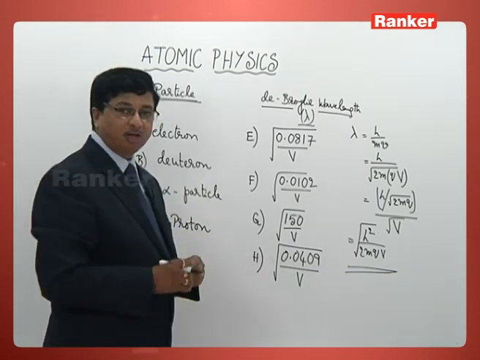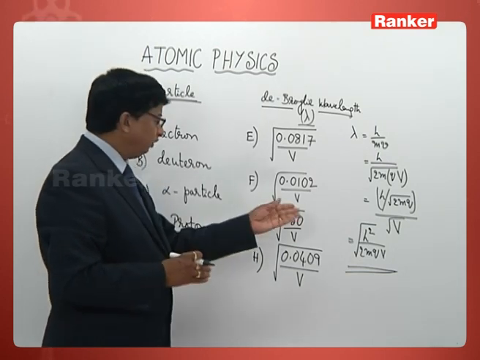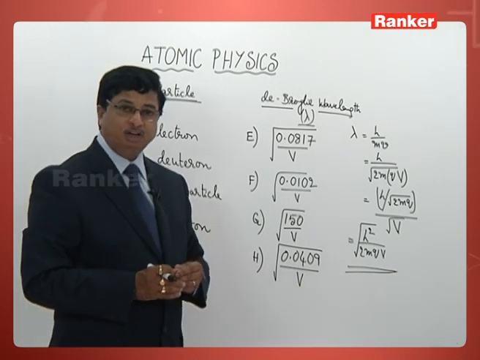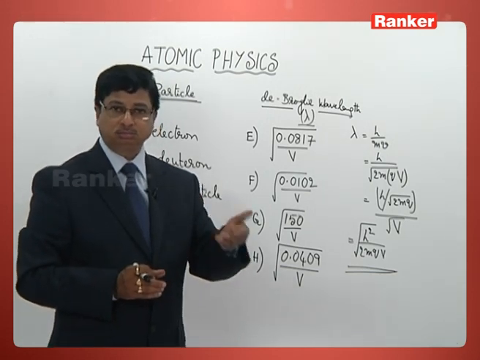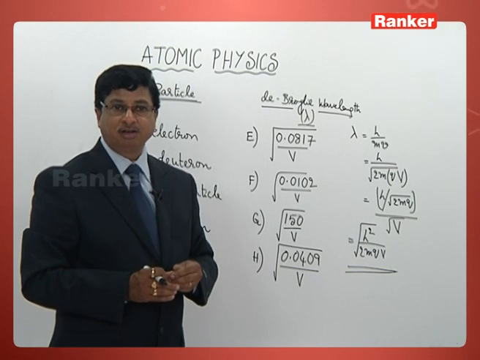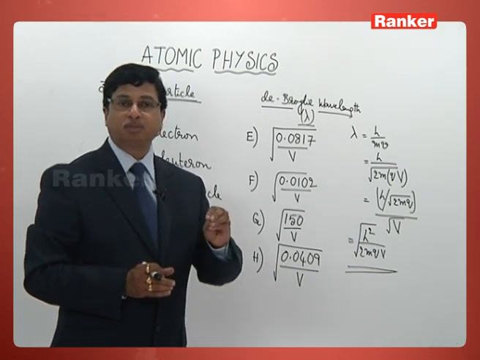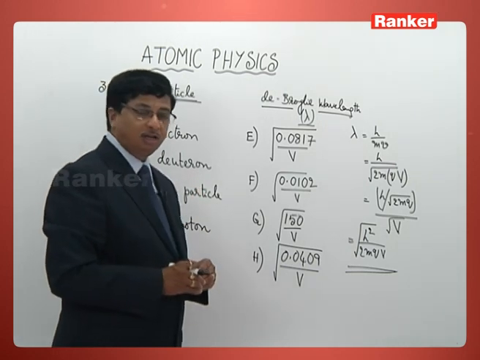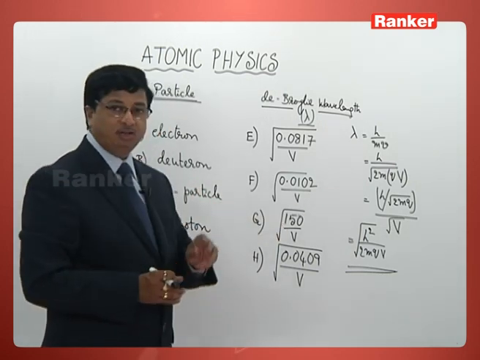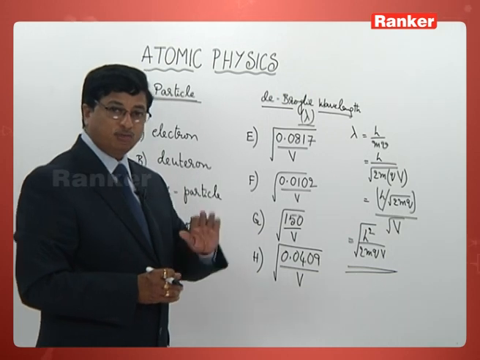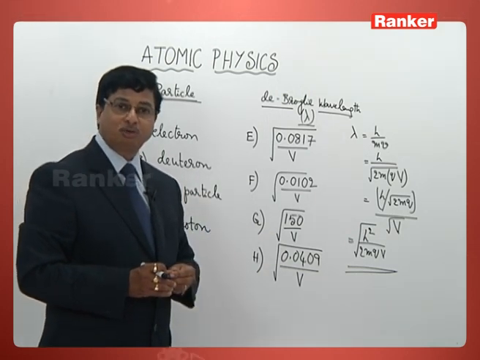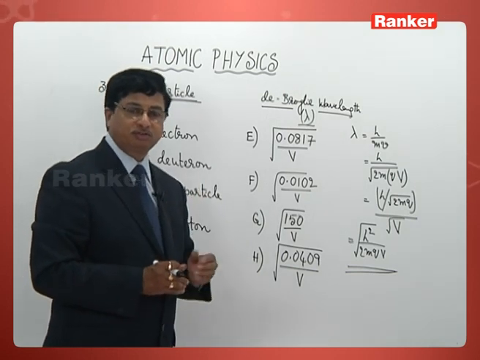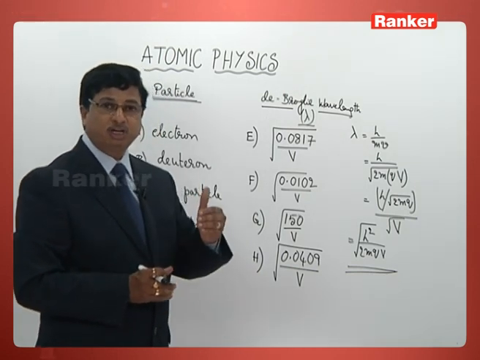Second one, deuteron, the mass of course is going to have 2 units, twice that of a proton, 1.67 into 10 to the power minus 27 kg. Next one, alpha particle. Once again its mass this time is 4 units, so 4 times that of a proton you have to consider. Likewise, the proton is 1 unit, 1.67 into 10 to the power minus 27 kg.